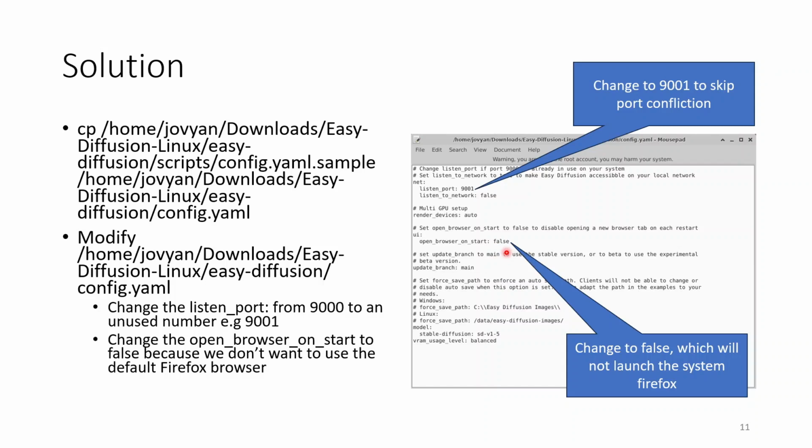One is the system default in the Docker image folders, and it will be restored every time. Another is in my own home directory. Since I prefer to use the one in my home directory, I turn the option from true to false so that I will not launch the default Firefox browser.